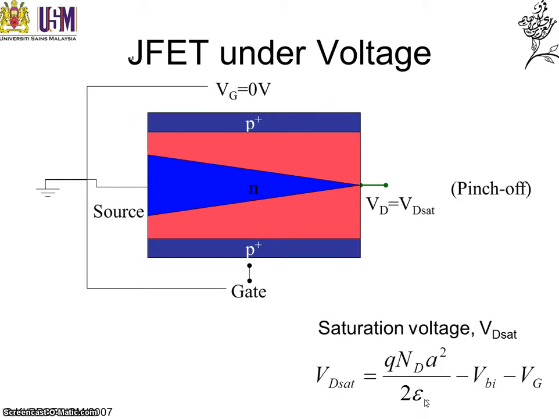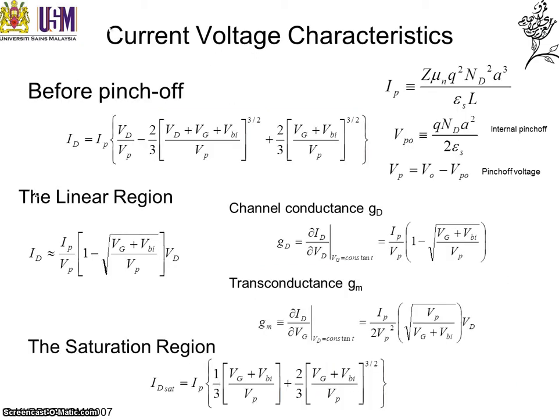For a JFET under voltage, you can also calculate the saturation voltage. It's given by this equation, where whatever you get here, you must minus the built-in voltage and the gate voltage. Then only you know what your saturation drain voltage is. It's quite important that you know these equations. Before pinch off, you get it like this.